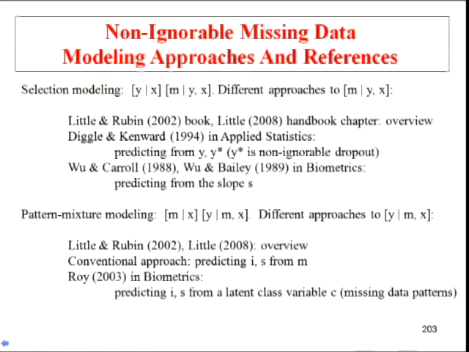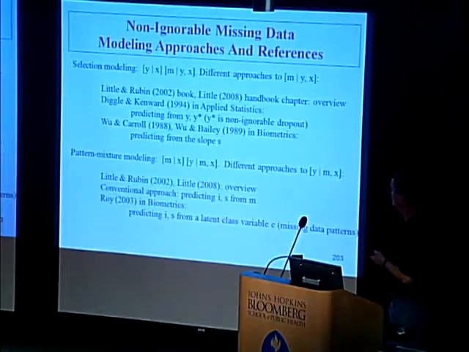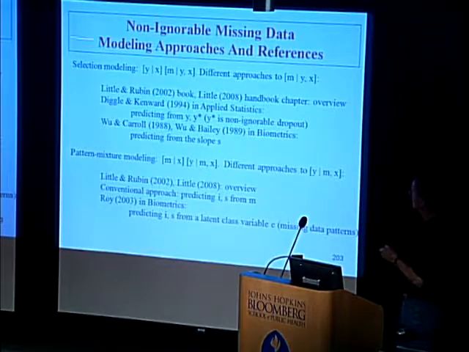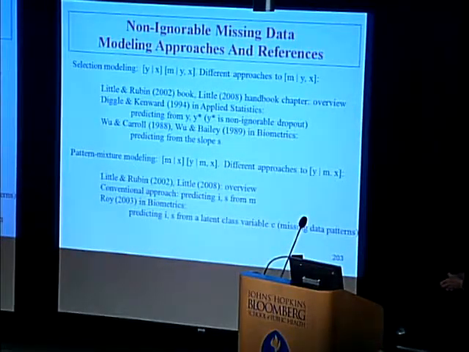That should be contrasted with pattern mixture modeling, which looks at missingness as a function of X and Y, the outcome, as a function of missingness and X. In both cases, you're looking at the full distribution of Y and M given X. But in one case, you're looking at M given Y, and in the other you look at Y given M. Two ways of expressing the same joint distribution of Y and M, but leading to different kinds of models.